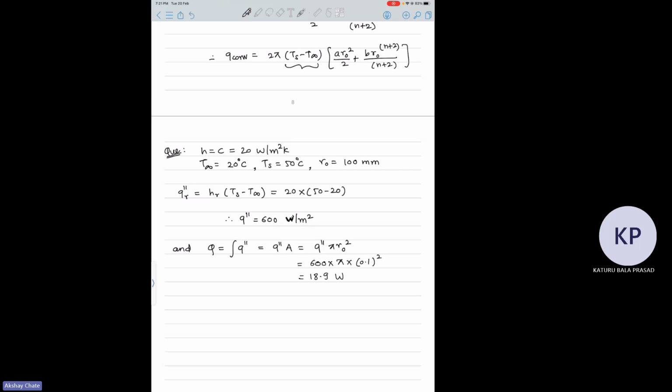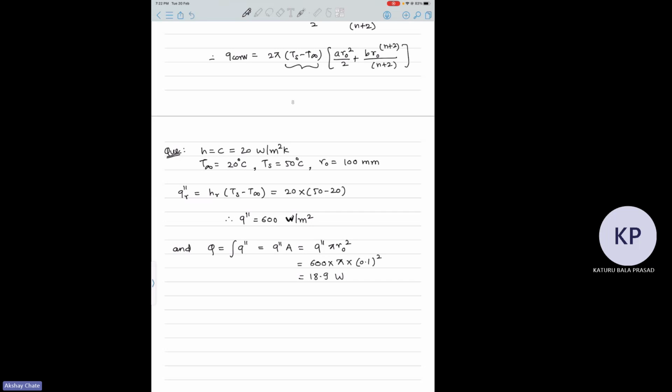See, mu Cp by K, even if you write the energy balance, rho Cp u del T by del x.